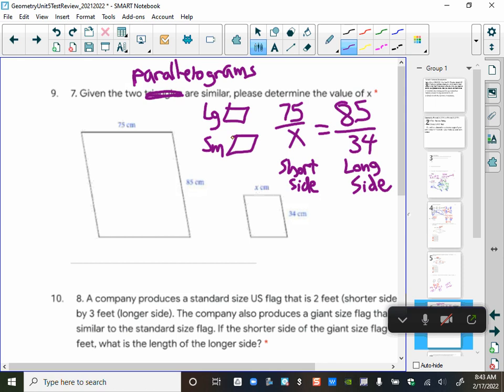I mean, that's okay. You know the way you could do it? We do 75 over 85, and then x over 34. Would that still work?